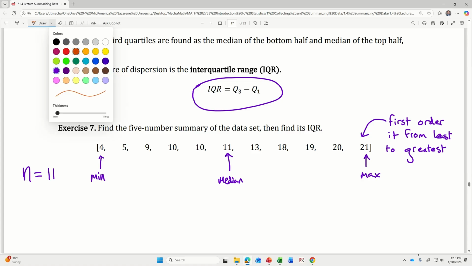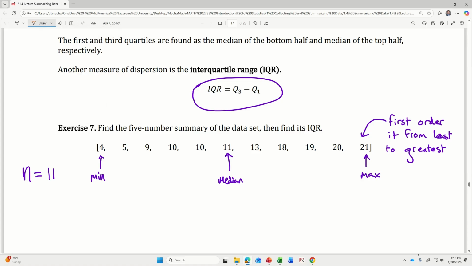And then to find the first quartile, we could take the lower half of the data set and then find the median. What would be the median of the lower half? 9.5.